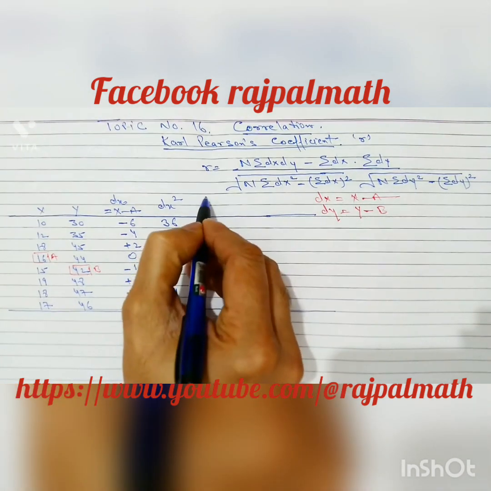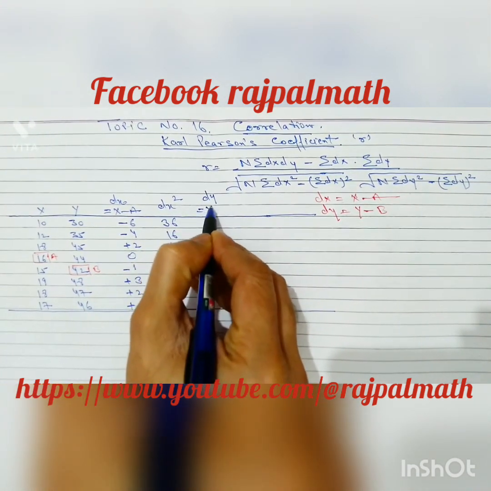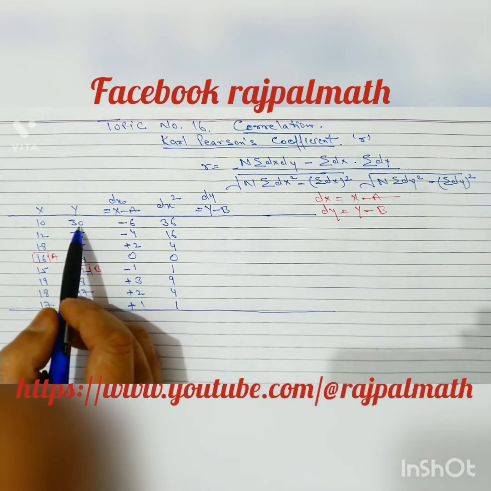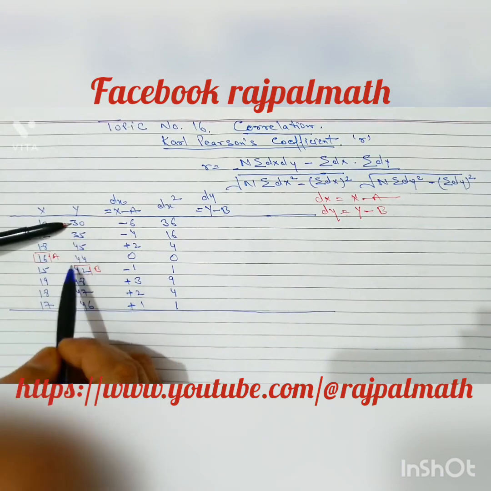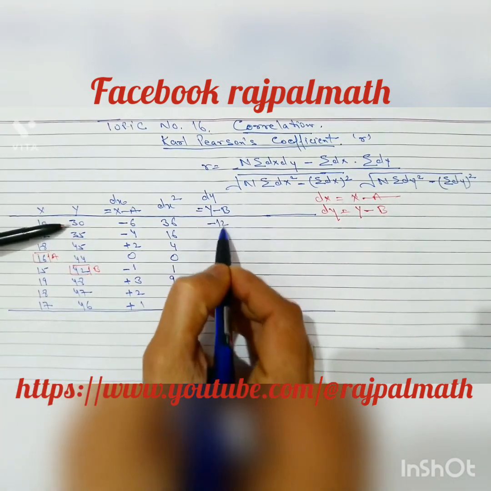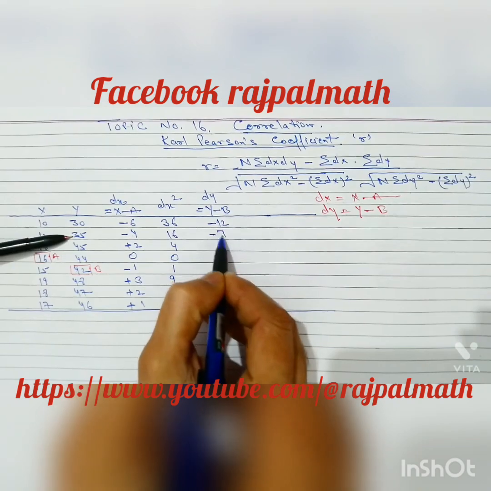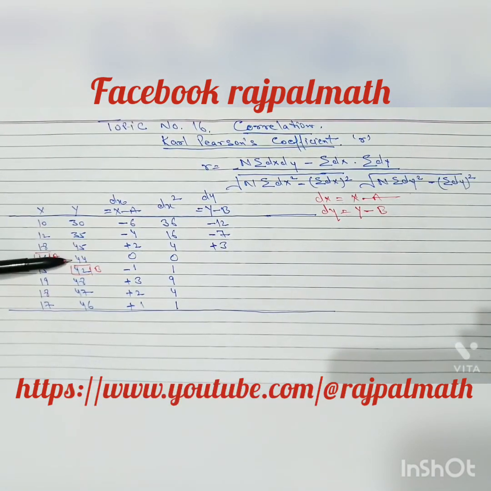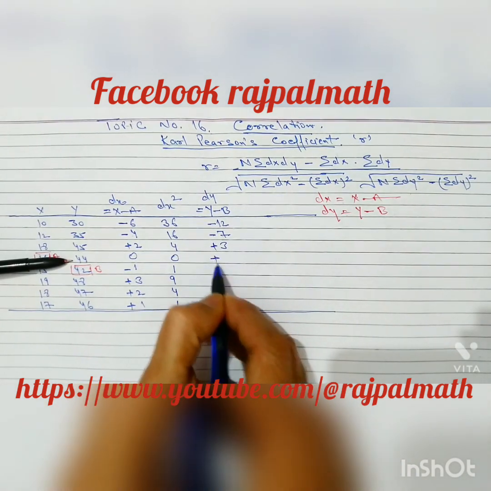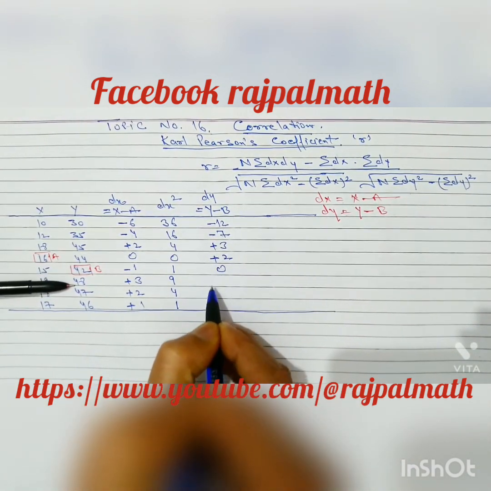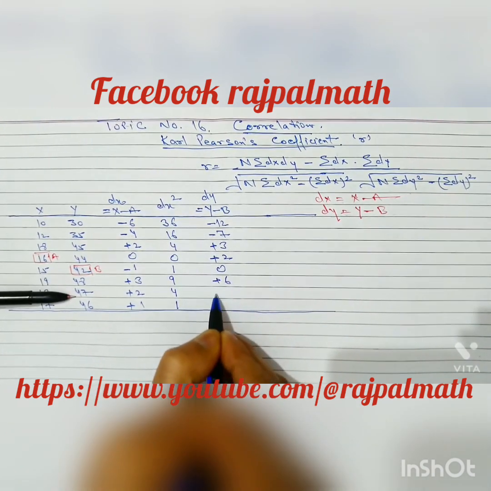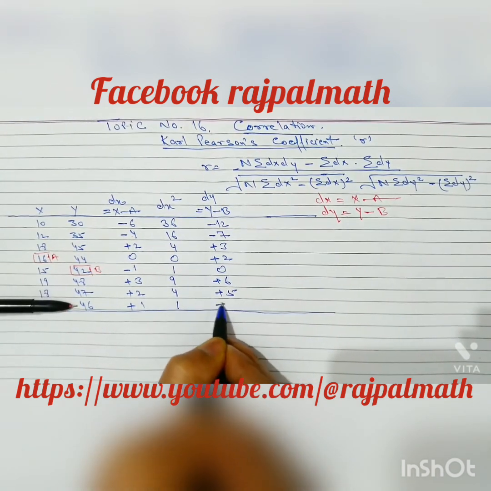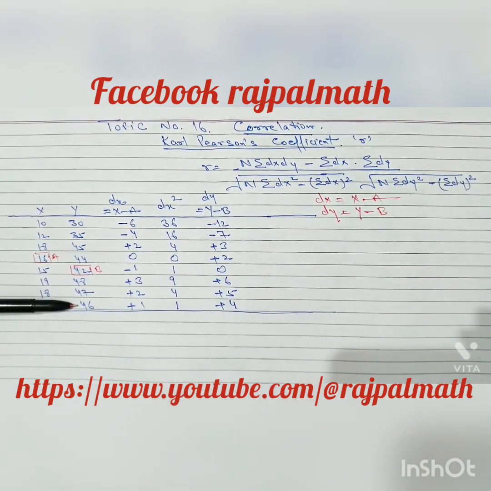Now calculate dy, the deviation of the y series from B, the assumed mean 42. 30 minus 42 is minus 12, 35 minus 42 minus 7, 45 minus 42 plus 3, 44 minus 42 plus 2, 42 minus 42 is 0, 48 minus 42 plus 6, 47 minus 42 is 5, 46 minus 42 plus 4.